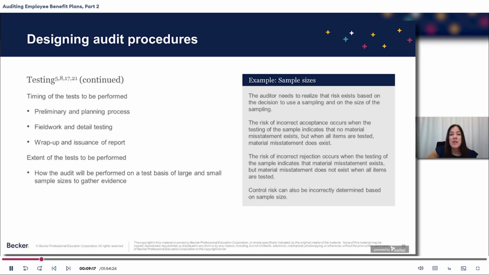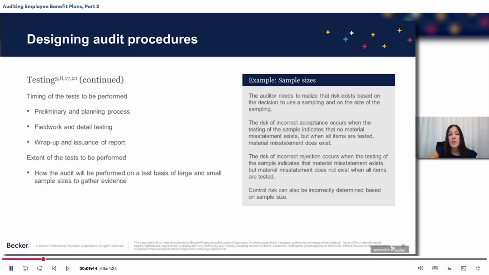The timing of the test to be performed is also a consideration in regards to your planning and preliminary analytical review process, the fieldwork and detailed testing, and the wrap-up and issuance of the report. As we know, and as we defined previously, the filing deadlines for employee benefit plan audit engagements are a little bit different.